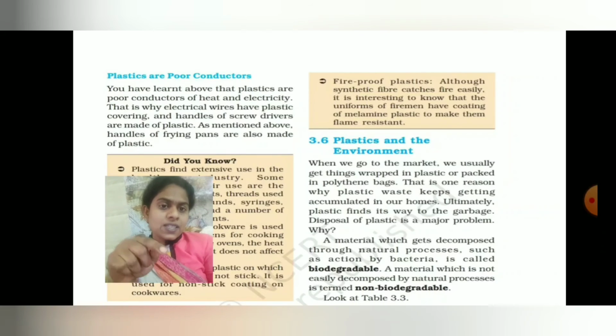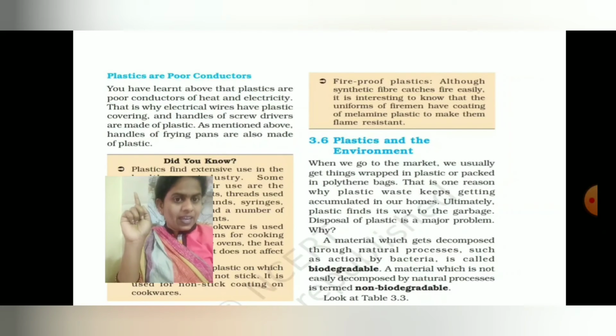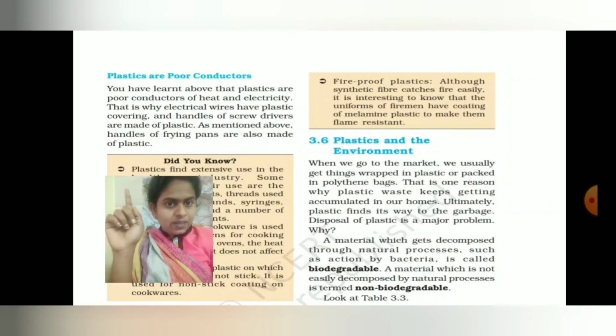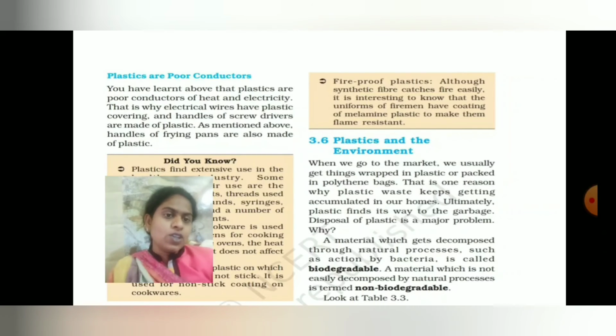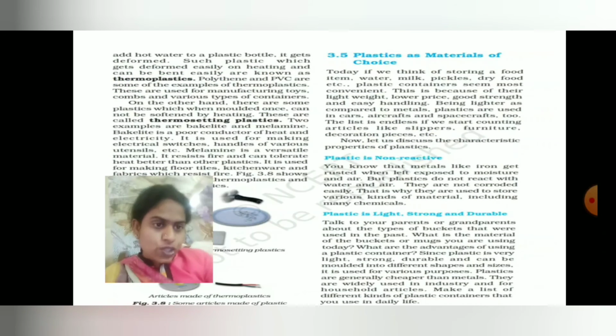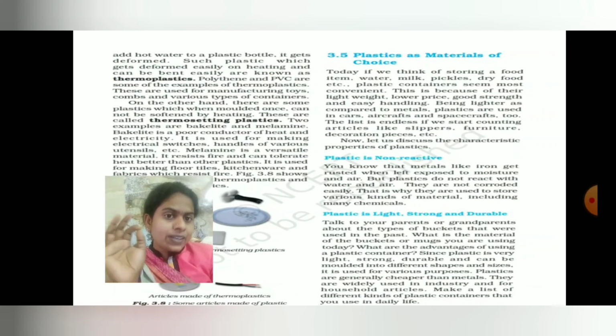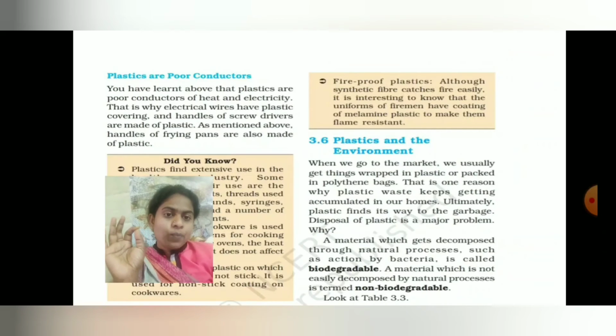Okay, understood? So these are the very important points regarding plastics. The plastics are non-reactive, very light, strong and durable, and also poor conductors of heat and electricity. Okay, so let's move to the next one.